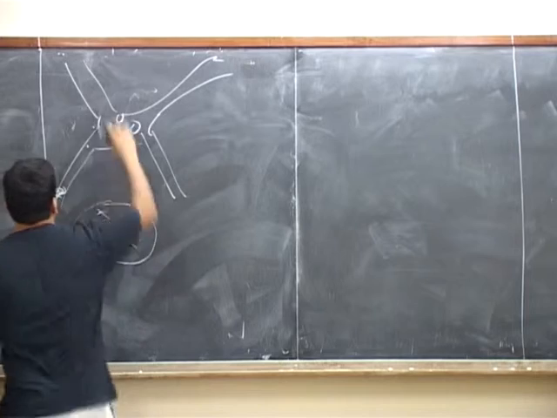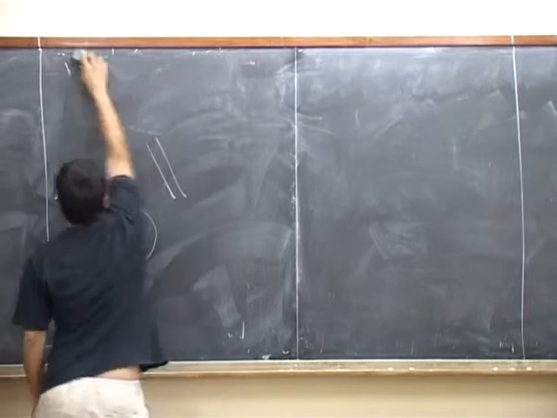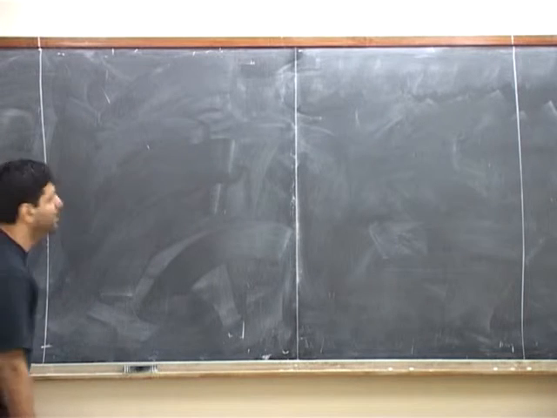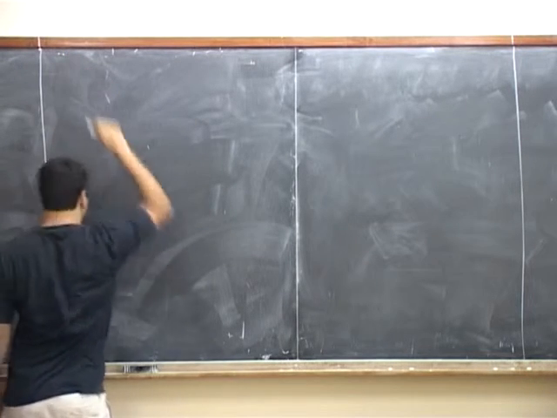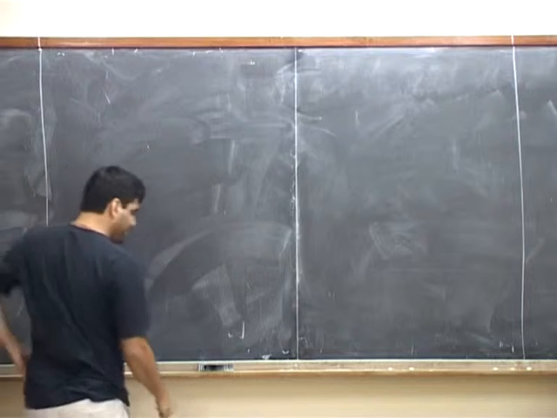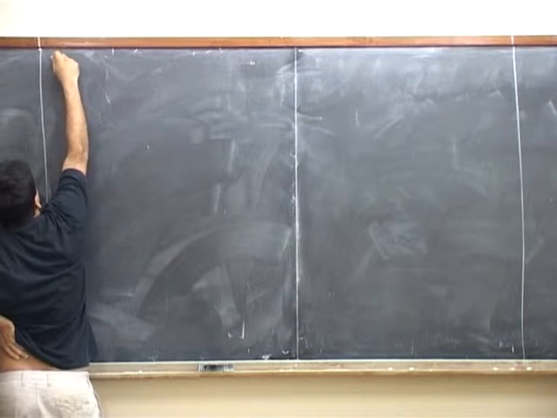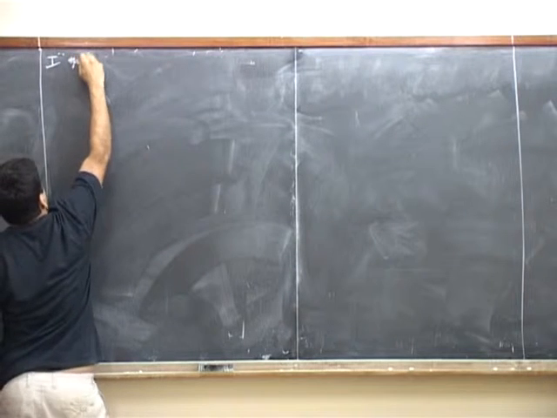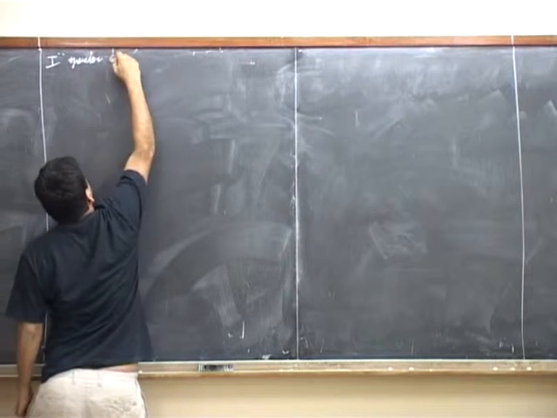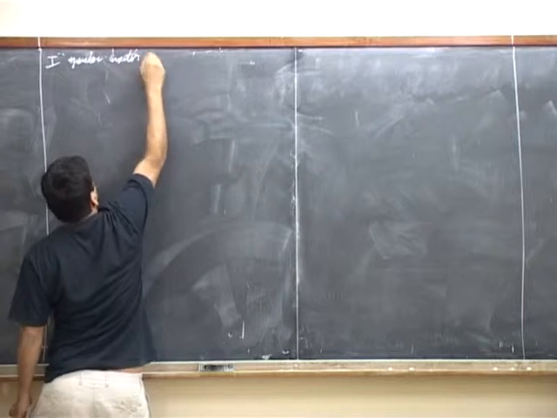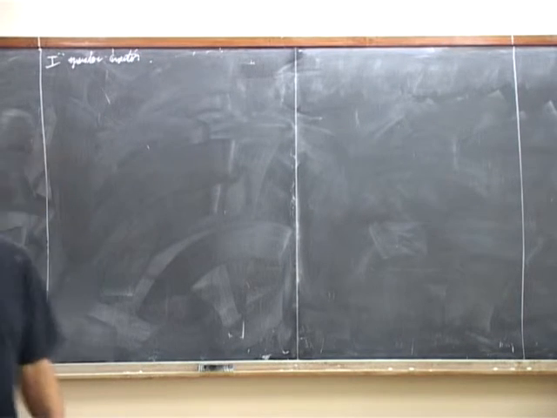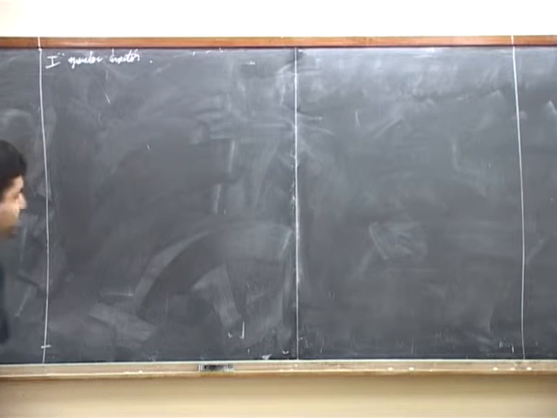Our goal was then to write down a path integral that did the computation. So let's try to be systematic. Let's say that the number of insertions of operators is capital I. So I operator insertions. So we can be calculating an I point function, a scattering process involving I particles.